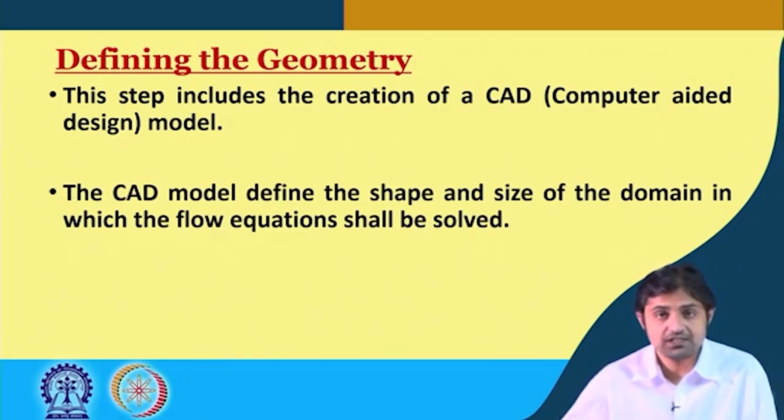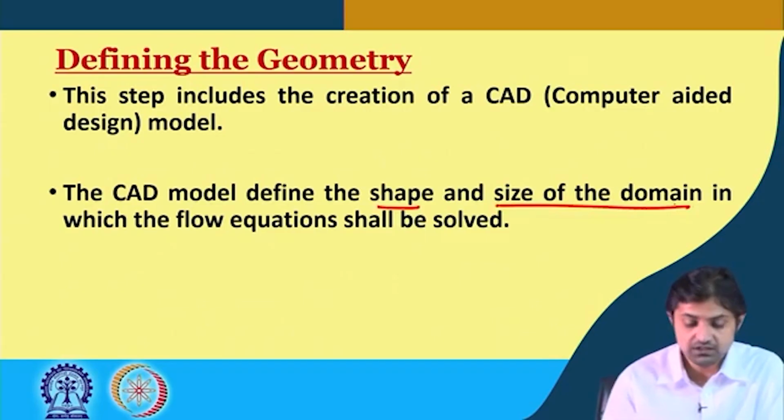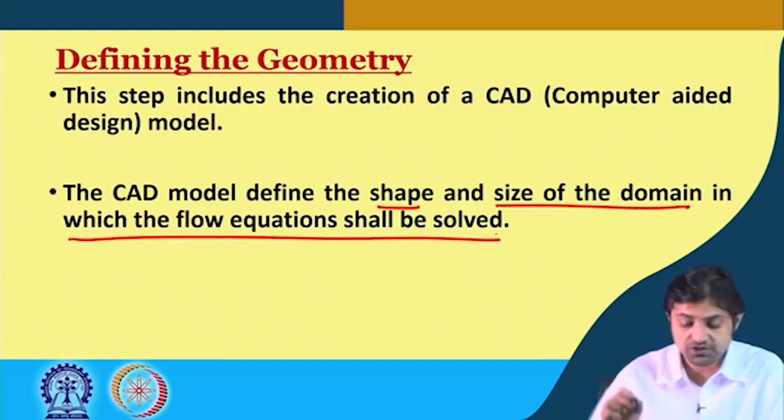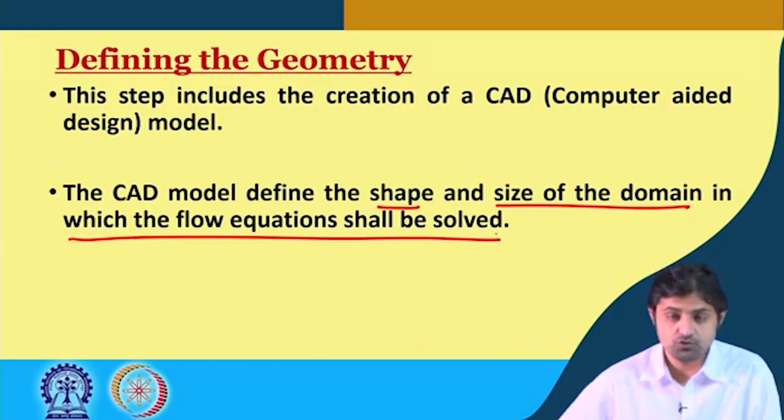So what does this CAD model do? The CAD model defines the shape and size of the domain in which the flow equations shall be solved. The CAD model defines the shape. Say for example, as we said, it was rectangular in shape, right, and the size of the domain.